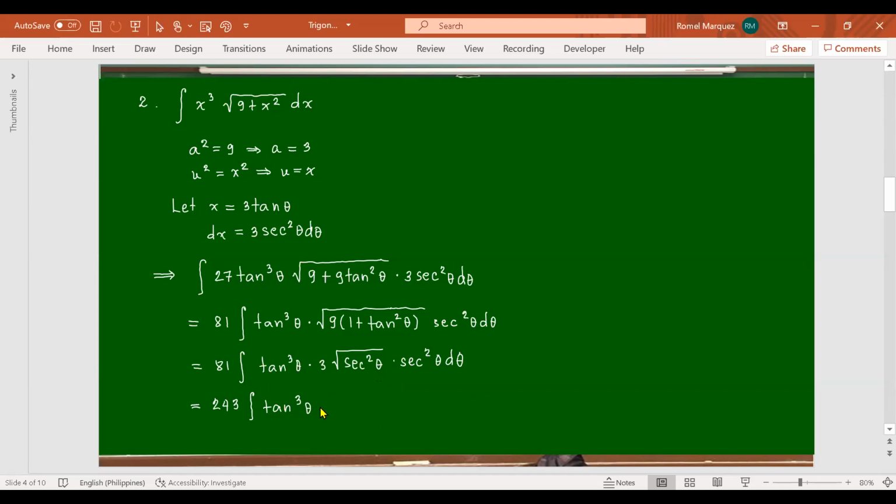So if you have this representation, this is secant theta times secant squared, getting secant cubed, then d theta. Am I right, guys?